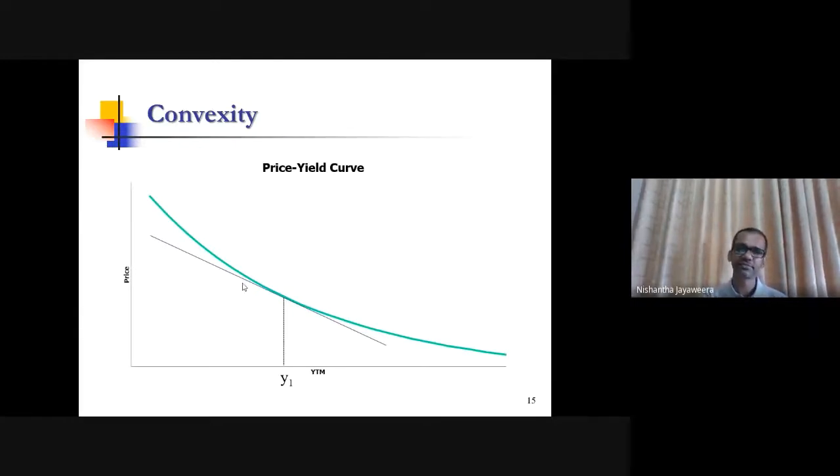So to get the duration equation, or the modified duration equation, if you know mathematics, we get the slope of any curve by taking the first derivative. Those who have knowledge of mathematics know what a derivative is. Take the first derivative of the equation and express it as a percentage of the price.